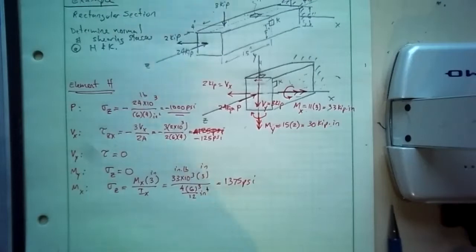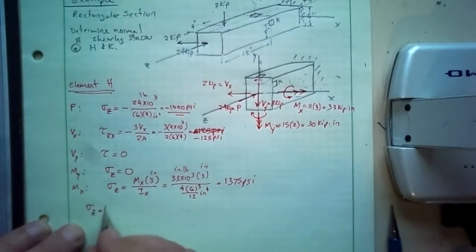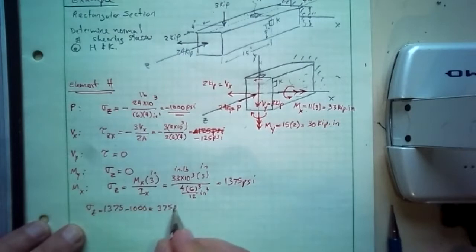So now I need to either add or subtract or do whatever I need to do. So let's see. These are both in the z direction. This one's negative, this one's positive, so sigma z will be 1375 minus 1,000, which is going to be 375 psi.